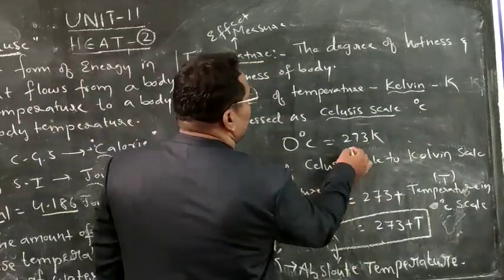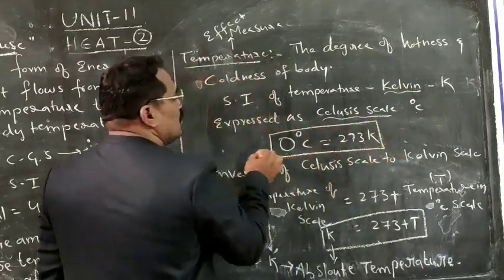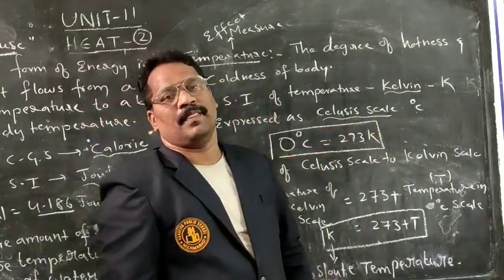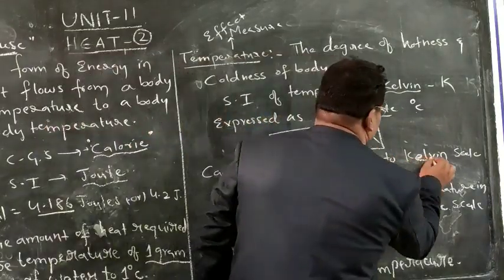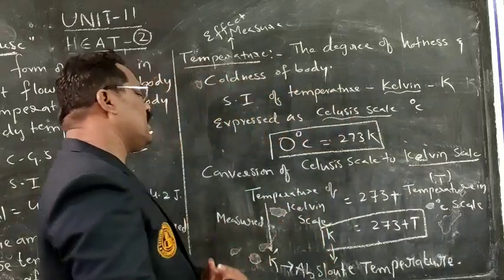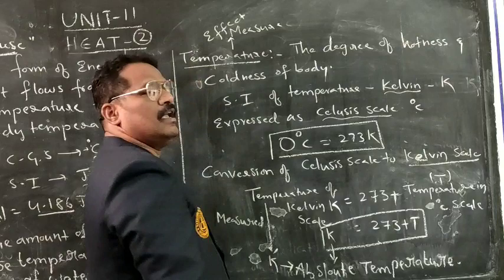0 degree centigrade is equal to 273 Kelvin on the Kelvin scale. If you want to convert the Celsius scale to the Kelvin scale, how can we convert it?